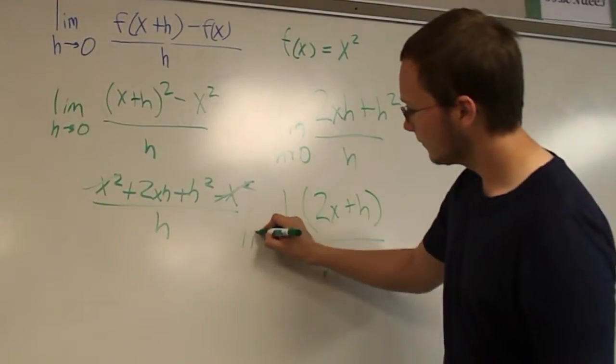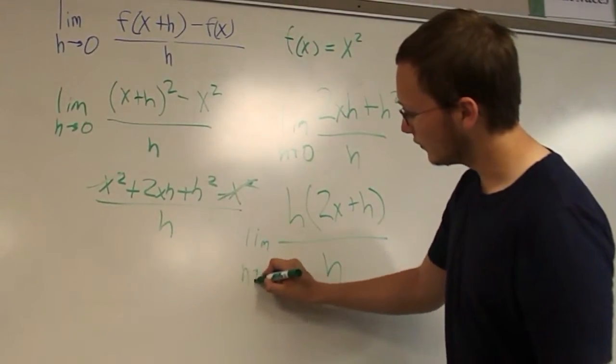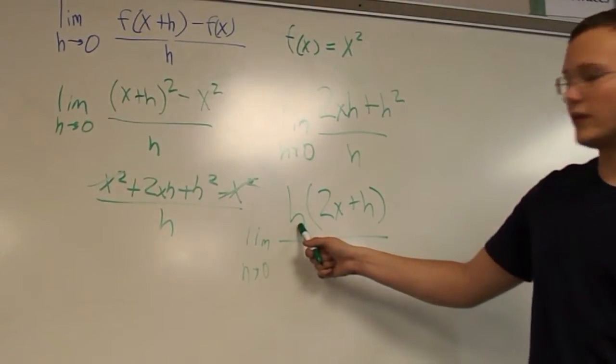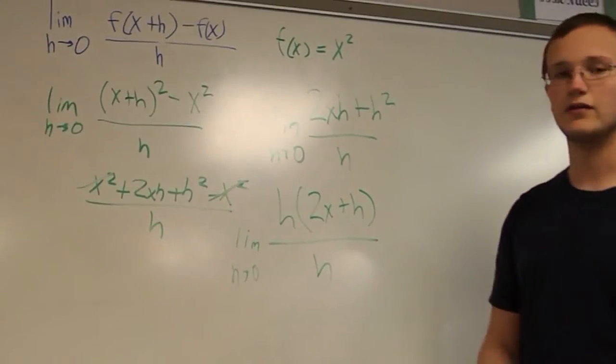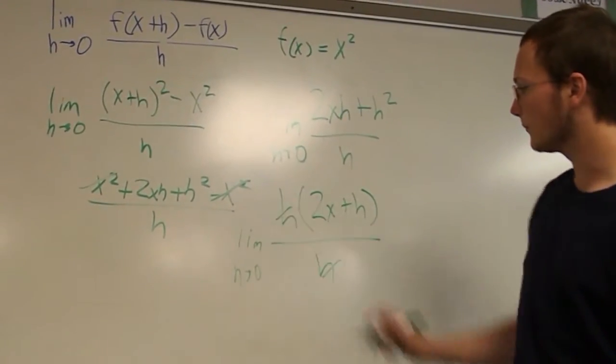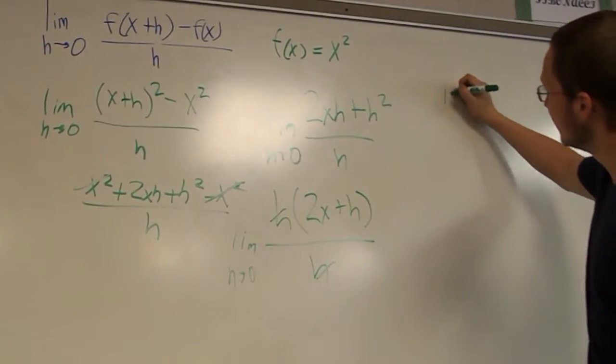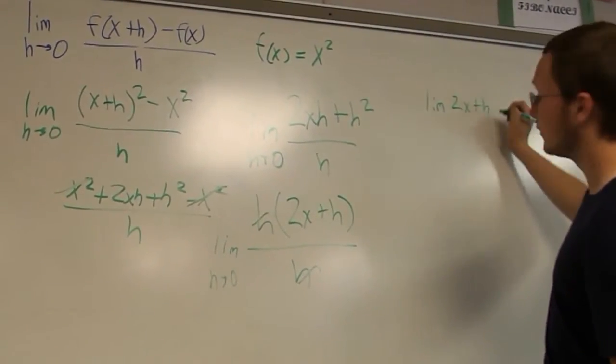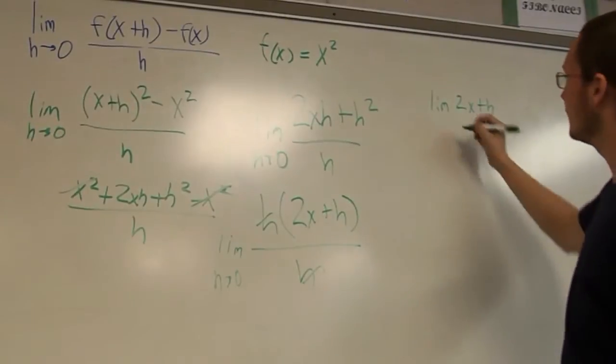Again, the limit as h approaches 0. So now, we have a separated h on the numerator, separated h on the denominator, so we can cancel them. They just become 1. So now we're looking at the limit as h approaches 0 of 2x plus h.